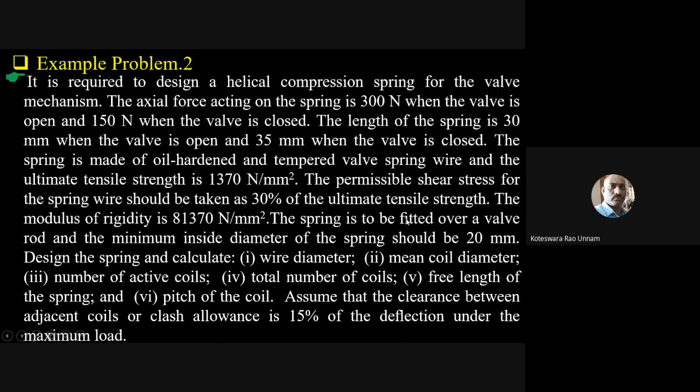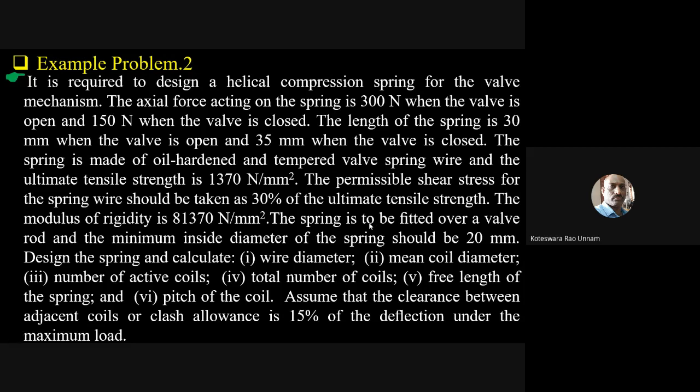Then the second one: here there is another restriction. So what is the restriction here? The spring is to be fitted over a valve rod and the minimum inside diameter of the spring should be 20 mm. So in this particular problem, he has put a constraint on the minimum diameter of the spring also.